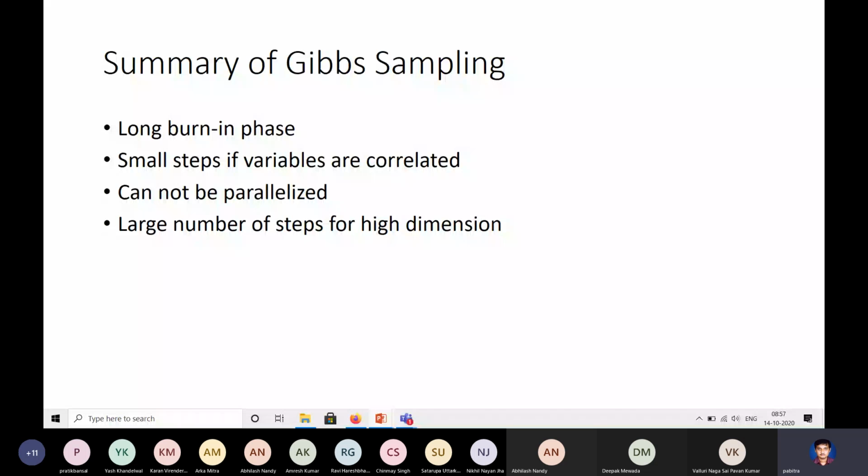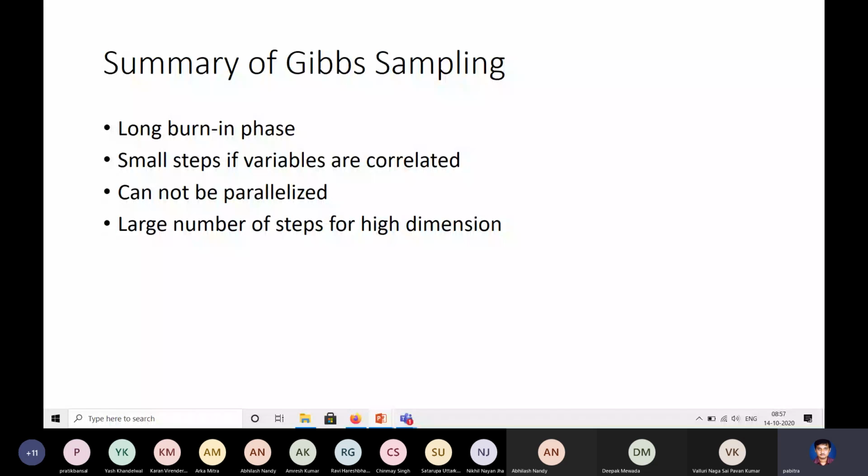You may have to wait for long, but you will eventually get it. So your error will eventually go to 0. So this is an unbiased sample in the long run, but the long run is often a really long run. So that's a disadvantage.